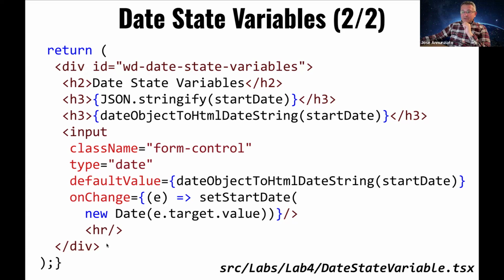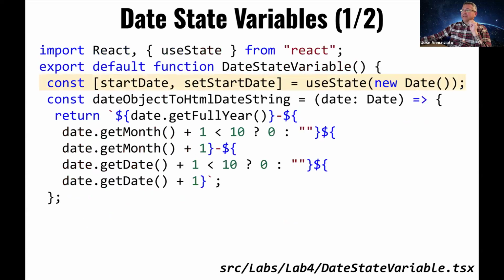The browser date picker wants it in year-month-day, in a string format, whereas the state variable wants it as an instance of date, right?